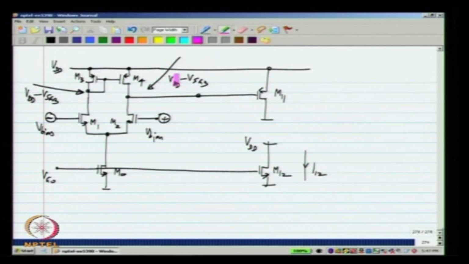Now, let us say with a gate voltage of VDD minus VSG3, or source gate voltage of VSG3, M11 carries some current I11. Now, what happens if we connect these two together?